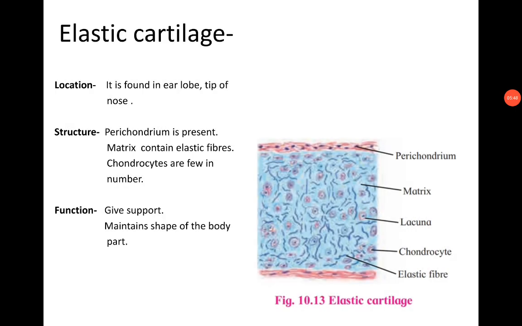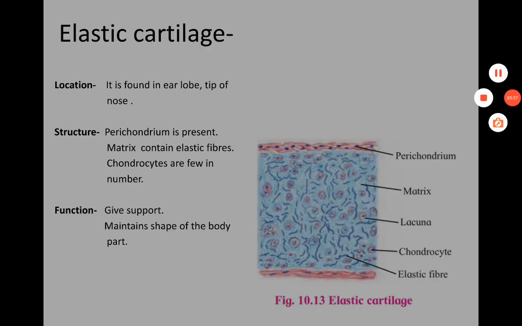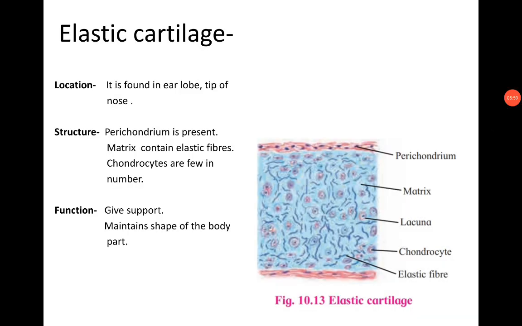Location of elastic cartilage: it is found in the earlobe and tip of the nose. Our earlobe is very flexible and elastic in nature. The tip of the nose is made up of elastic cartilage. These are the locations of elastic cartilage.